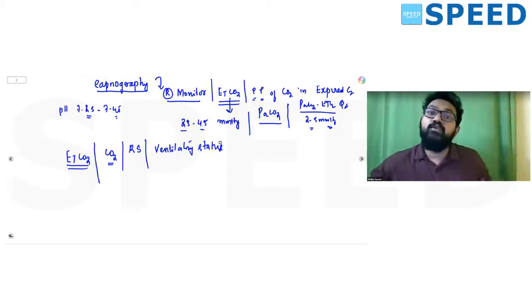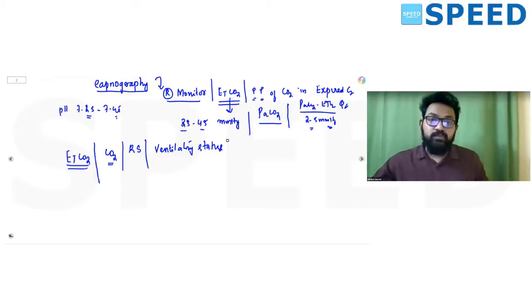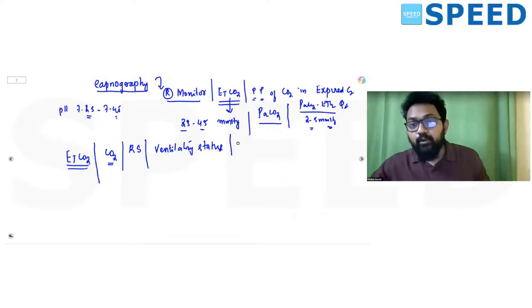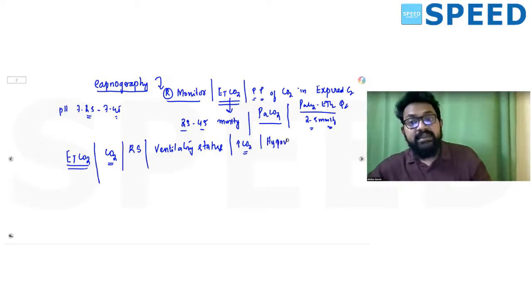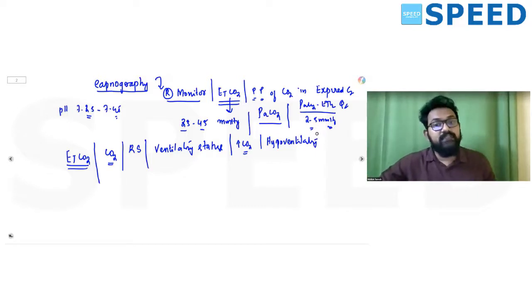Obviously, the PaCO2 is going to increase, and as a result, your EtCO2 is going to increase. So if you have a progressive increase in end-tidal carbon dioxide value, it could indicate a hypoventilatory status. So please do remember the significance.